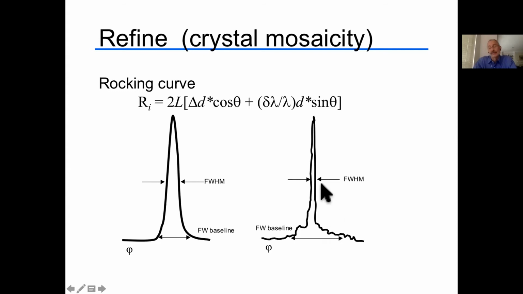Sometimes the full width at half max is very thin, but the baseline is wide. And various programs treat this differently. The problem with this is if you have a weak reflection next to a strong reflection, the weak reflection will be affected by the tails of this bad plot more so than the strong reflection will be affected.